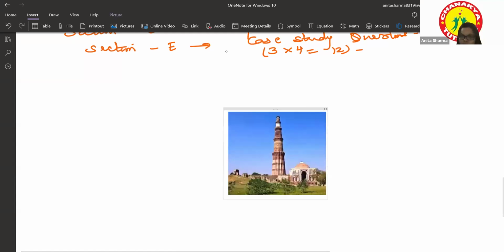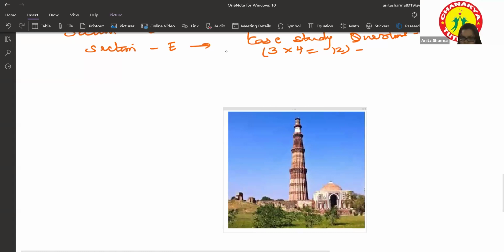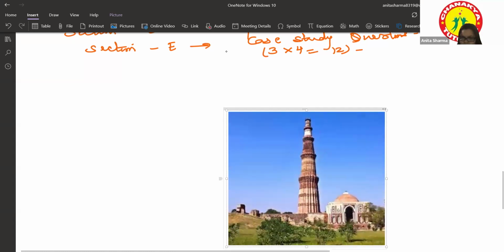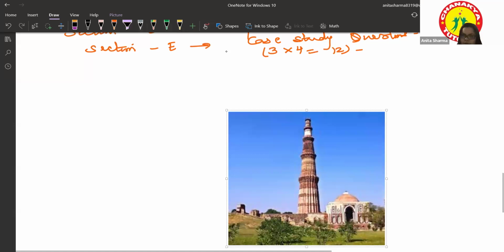See, it stands vertically on the ground, so it makes a 90-degree angle with the ground, with our earth. So this will be our base, and the vertical line will act as the perpendicular.